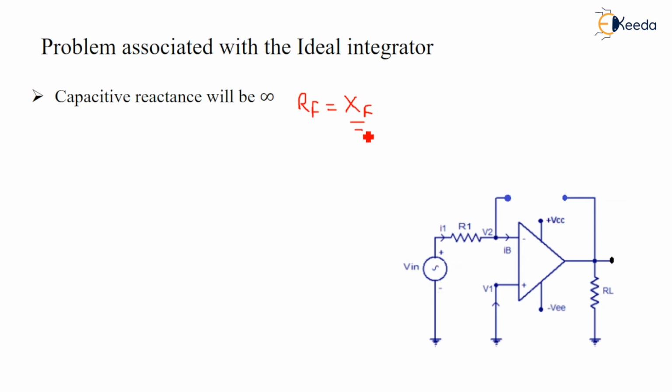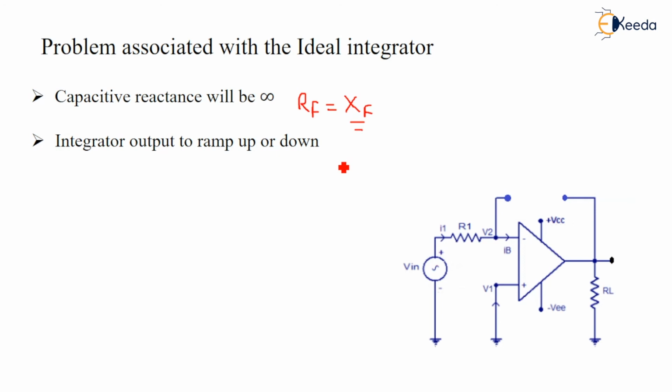The other problem is that the integrator output ramps up or down. The bias current of the op-amp can charge or discharge this capacitor. The capacitor is connected in the feedback network. This bias current will charge and discharge the capacitor, which forcefully ramps the integrator output up or down.